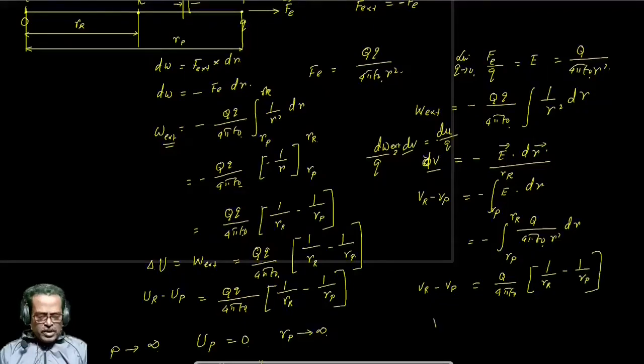Therefore, the potential at a point is equal to q by 4 pi epsilon 0 R.